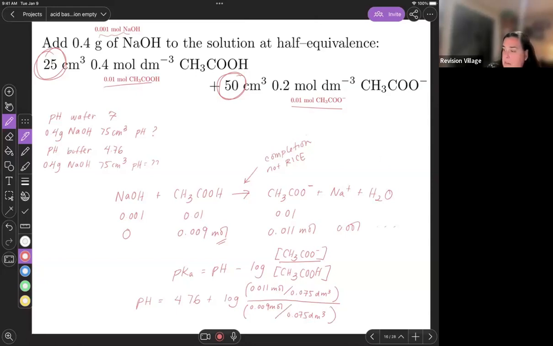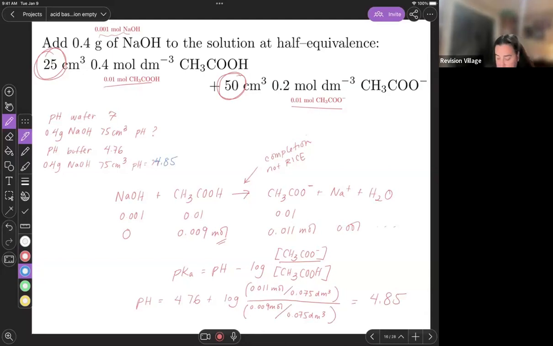I plugged this glory into my calculator, and I got 4.85. What an amazing answer. Originally, the pH of this solution was 4.76. When we added base, it became more basic.